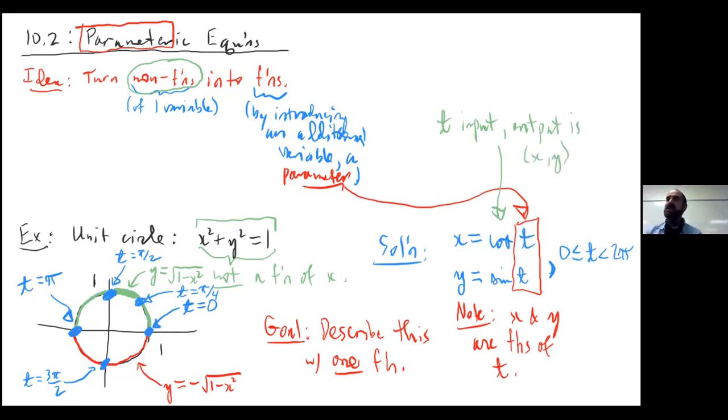It's actually an ordered pair. Does that make sense? So if t is equal to pi over 2, for instance, the output is cosine of pi over 2 is 0, sine of pi over 2 is 1, so the output is 0 comma 1, yeah? That's the output of that point right there. So t equal to pi over 2 produces the output point 0 comma 1, yeah?